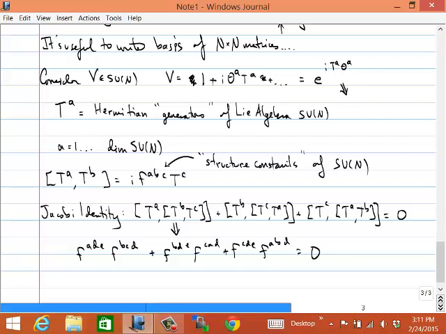So here all I've done is I've inserted this expression for the commutator into here, used the commutator twice, and taken E as my free index that labels the result, so the triple commutators here are going to be proportional to something times T^E. And so this gives us some sort of quadratic equation for the structure constants.